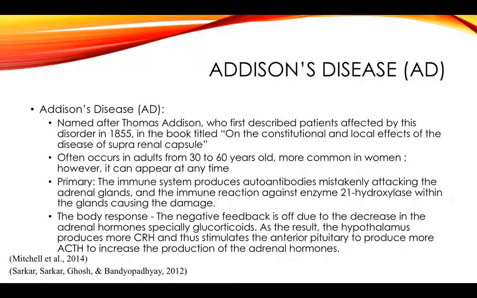So when the disease happens, the negative feedback is off because of the decrease in the adrenal hormones. As a result, the hypothalamus produces more CRH, and that stimulates the anterior pituitary to secrete more ACTH.